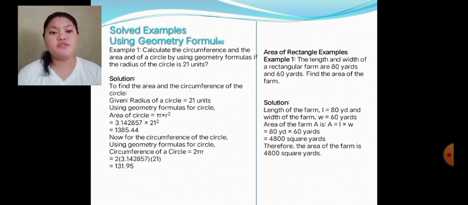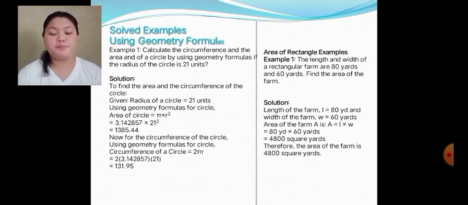Using geometric formulas, the area of a circle is pi times r squared. Always remember that the value of pi is 3.14. So we have 3.14 times 21 squared equals 1385.44.